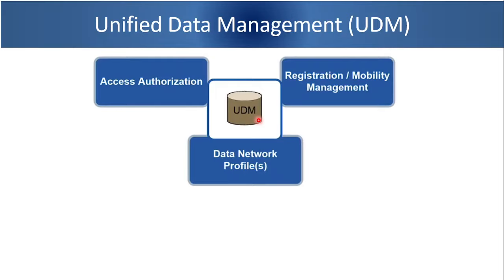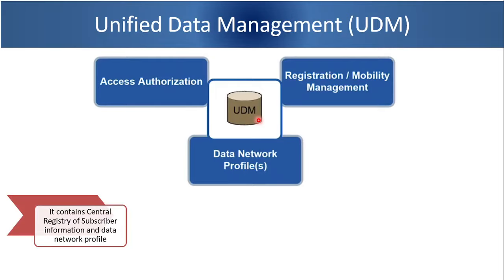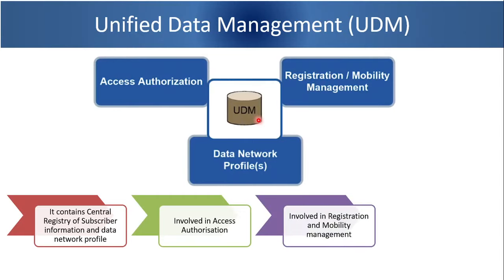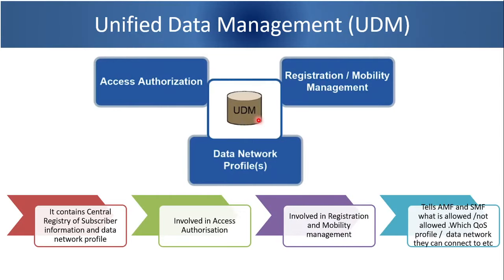So as I said, what role does it play? I explained that it contains the central registry of subscriber and data network profiles, and is involved in access authorization, registration and mobility management. Since it has the profile of the subscriber, it tells AMF and SMF, because we see that it gets connected to AMF as well as SMF, what is allowed and what is not allowed, and which QoS profile or data network they can connect to.